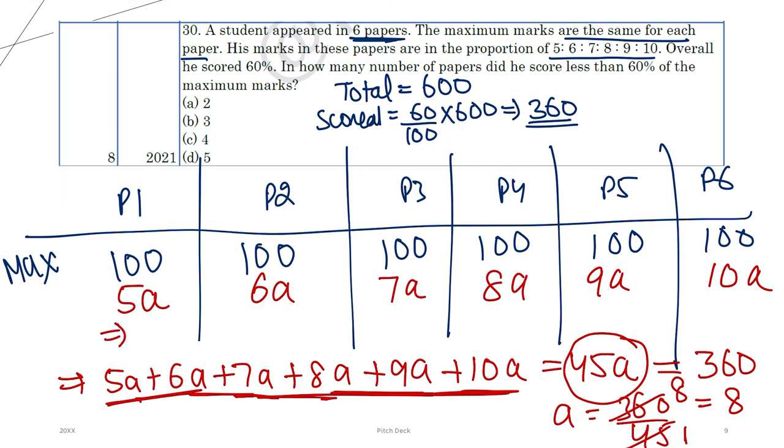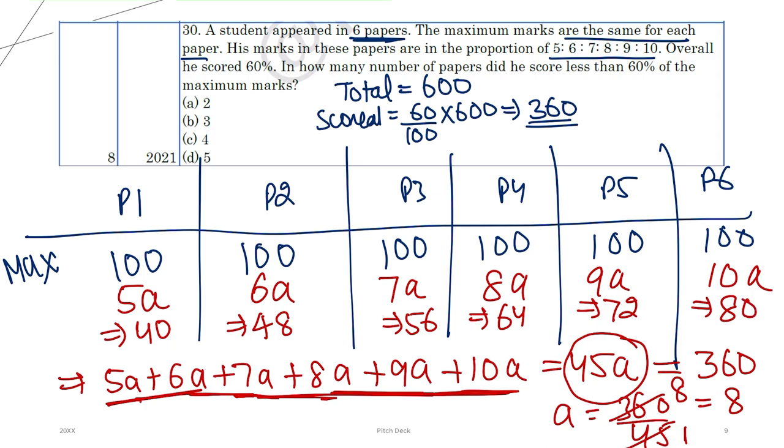So the marks scored by him in paper number 1 is 8 times 5, which is 40, 8 times 6 is 48, 8 times 7 is 56, 8 times 8 is 64, 8 times 9 is 72, 8 times 10 is 80. So these are the marks scored by him in each of the papers, right? Now, in how many papers did he score less than 60% of the maximum marks? 60% of the maximum marks means 60.